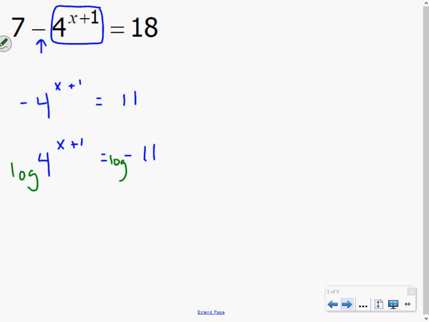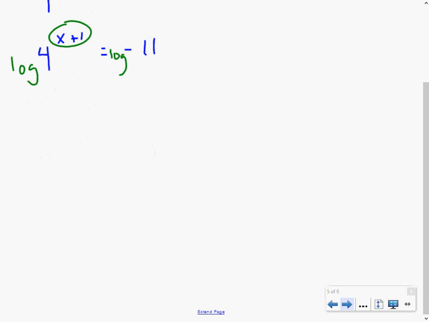When we do that, that exponent, which is x plus 1 here, will drop in front and multiply our logarithm. So really what we have now is x plus 1, I'm going to keep it in parentheses, times log 4 equal to log of negative 11.